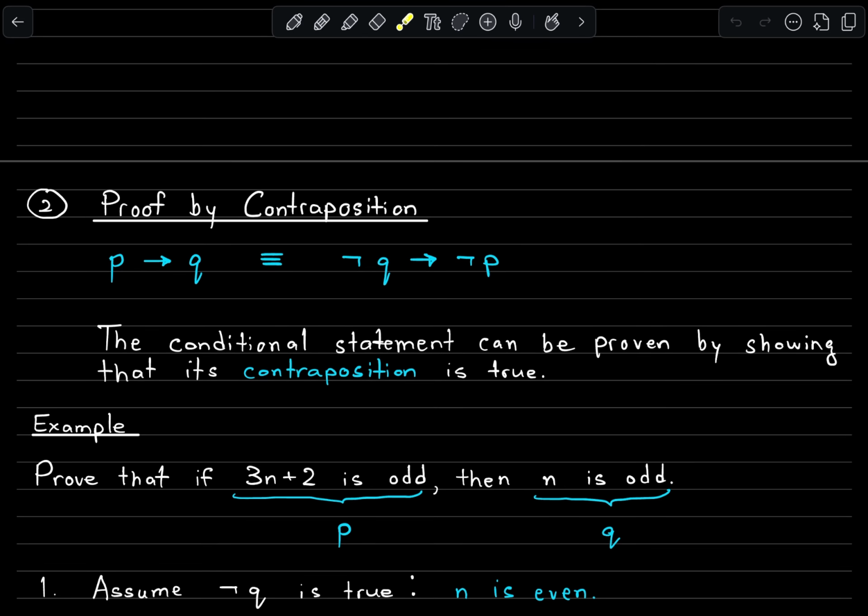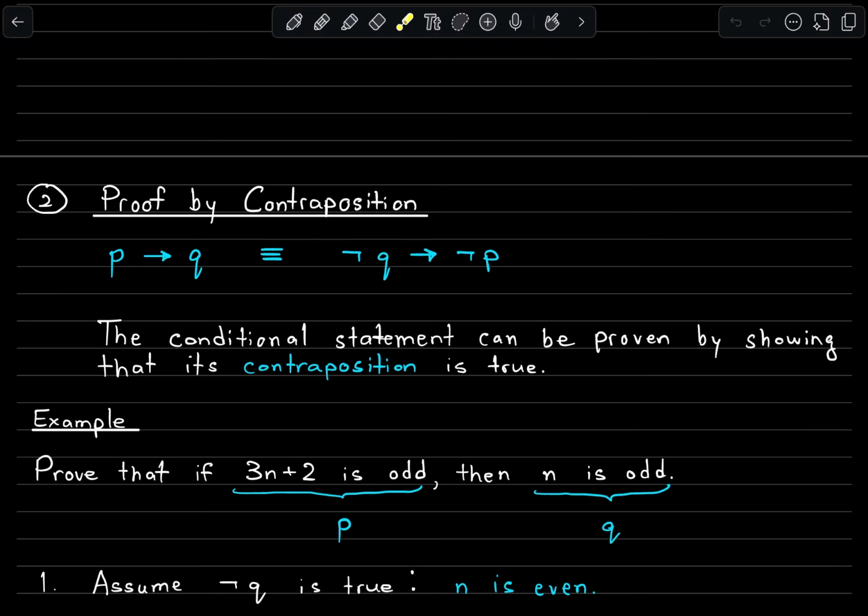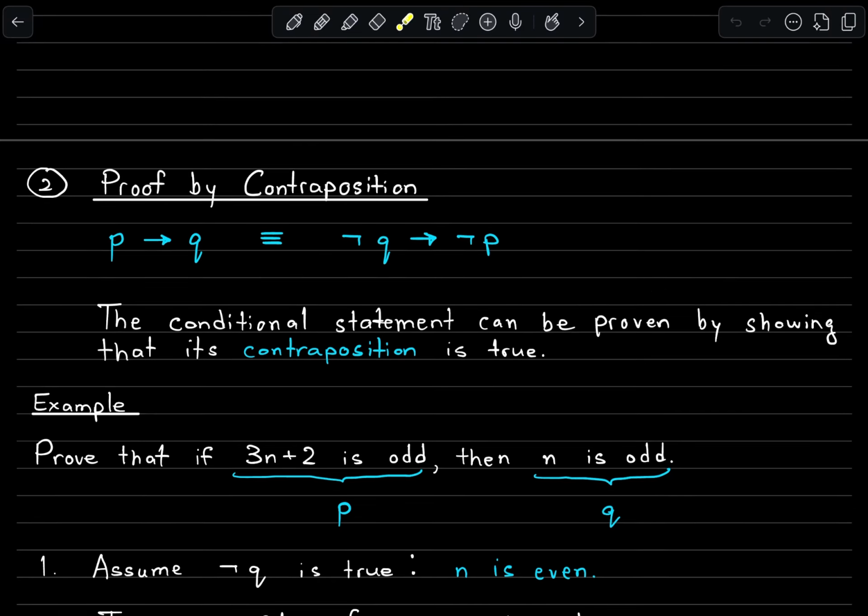Now, instead of assuming that p is true, we're going to start by assuming that negation q is true. So if q means n is odd, then negation q is going to be the opposite of that: n is not odd, or n is even. Okay, so because we're only dealing with integers, if it's not an odd integer, it has to be an even integer.